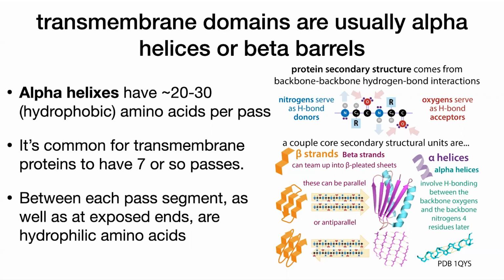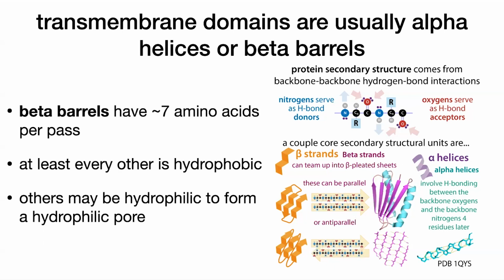So this signature of 20 to 30 hydrophobic amino acids in a row is going to hint that you have a transmembrane protein, and this is how scientists can get that estimate of a quarter of your protein coding genes being for membrane proteins.